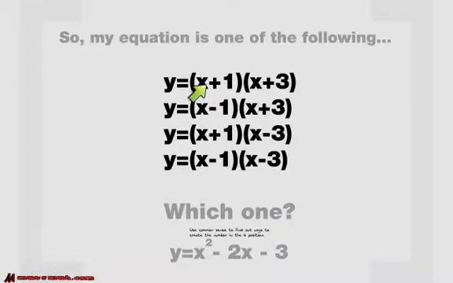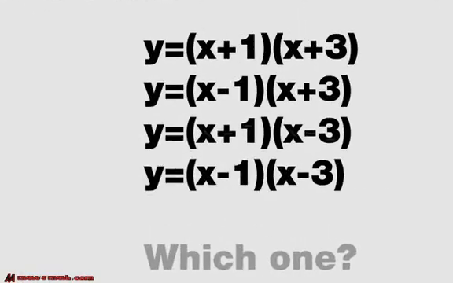Which one is it going to be? Well, if I have a plus there and a plus there, all of these are going to be addition. If I have a minus there and a minus there, when we multiply negative 1 times negative 3, we're going to get a positive number. So it's not the top or the bottom. You can rule those two out, and now just do the distributive property and solve for those to see which one it is.